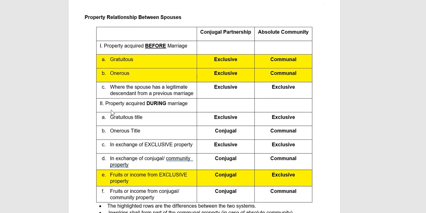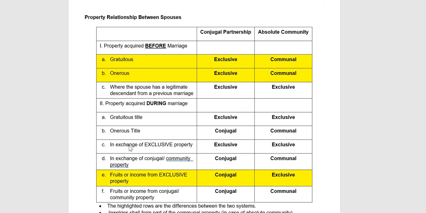So, property acquired during marriage by gratuitous title is exclusive for both. By onerous title, it is conjugal under conjugal partnership of gains, and communal under absolute community.